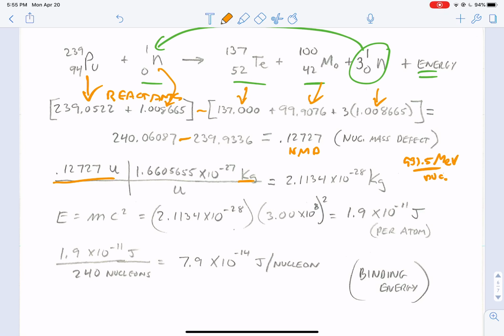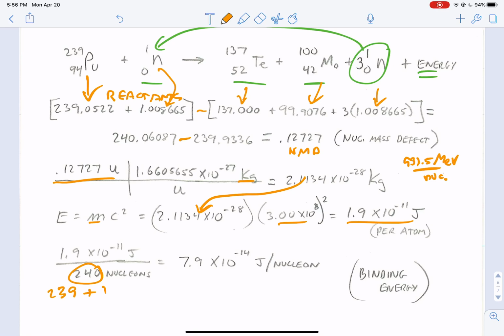The kilograms would be your mass times the speed of light squared, which gives you your joules. And this is something that's done for the sake of comparison to other nuclei. You would divide by the total number of nuclei, 240, which is the 239 from the plutonium and the 1 from the neutron.